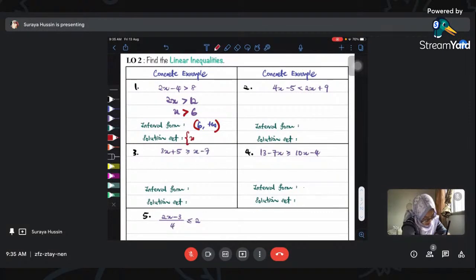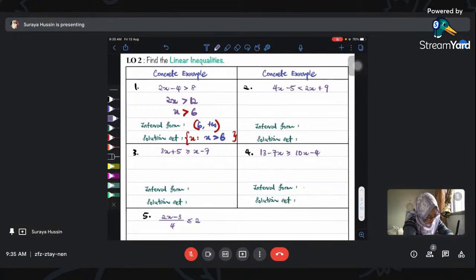Manakala yang ini pula x mesti ada dot-dot ya, jangan malas ya. Curly bracket pun mesti ada. So here is x greater than 6. Okay, itu adalah cara penulisan solution set. Practice dari awal lagi.